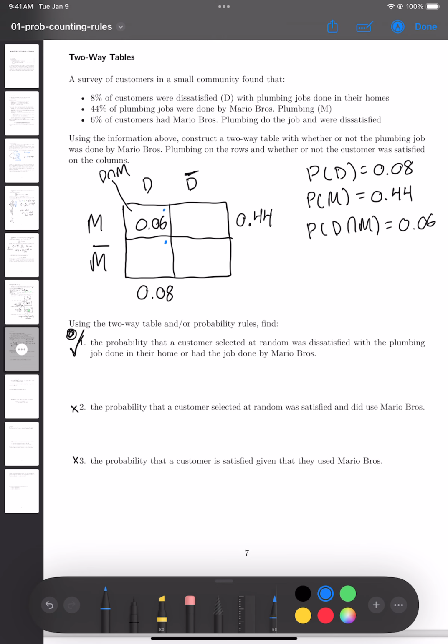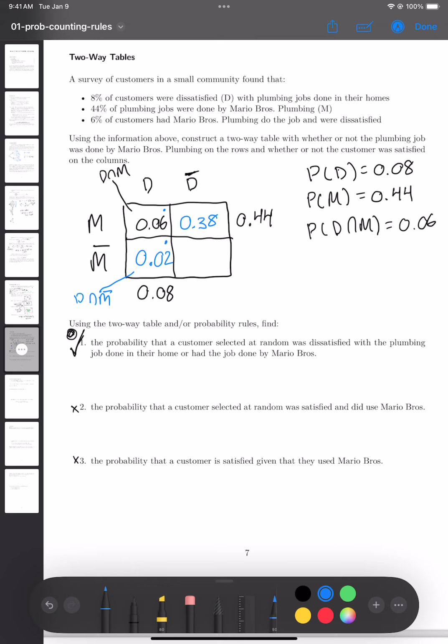And so that lets us figure out that D and M complement, the probability of that, has to be 0.02. Same logic for the rows. 44% used Mario Bros. 6% of those were dissatisfied. So that means the other 38% were not dissatisfied.